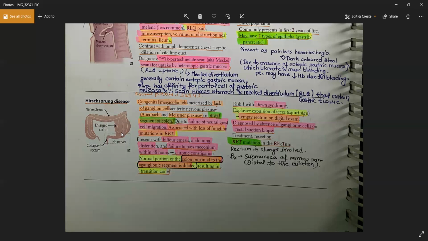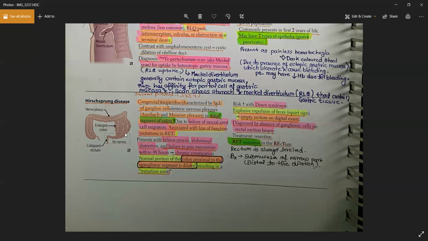Let us suppose the failure of migration happens at the descending colon. The ganglionic cells, or neurons, the Auerbach's, Meissner's and myenteric plexus, will be absent after this area. As a result, because no neurons are there, no motility and no secretion would be there. The patient will get constipation first.